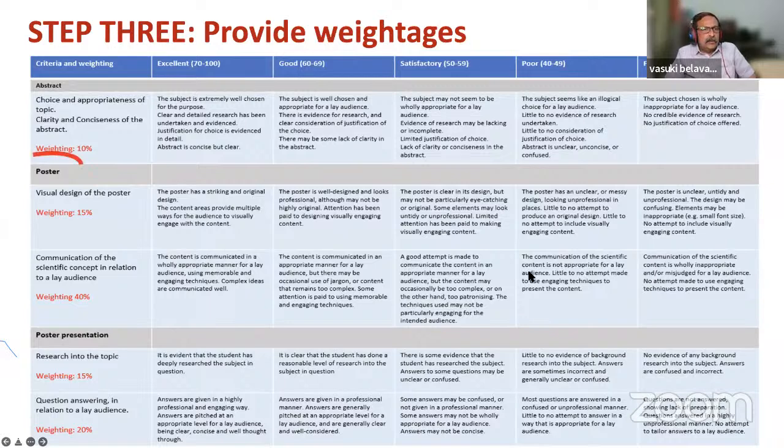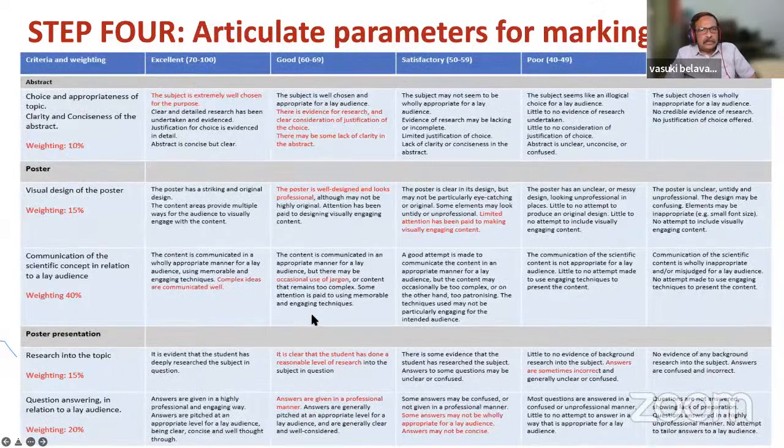For example, for the abstract, you're providing a weightage of 10%, for visual design of the poster, 15%, so on and so forth. And there are key points in the rubrics that will inform the student why they have been marked in a particular manner.